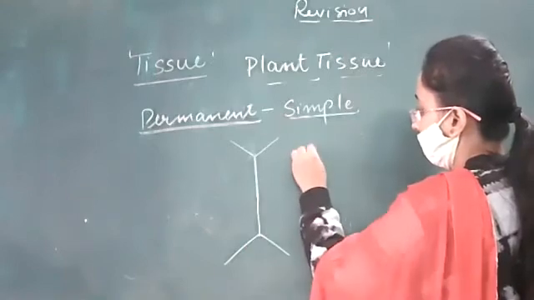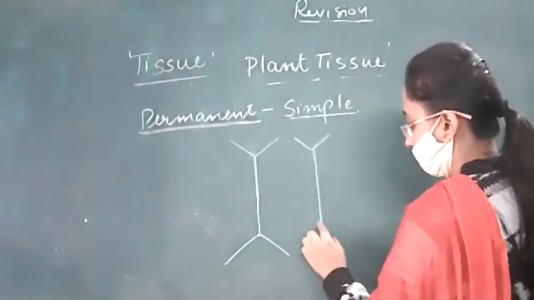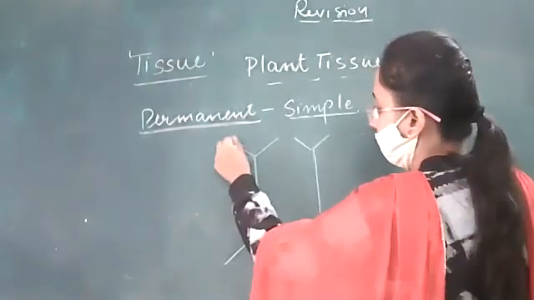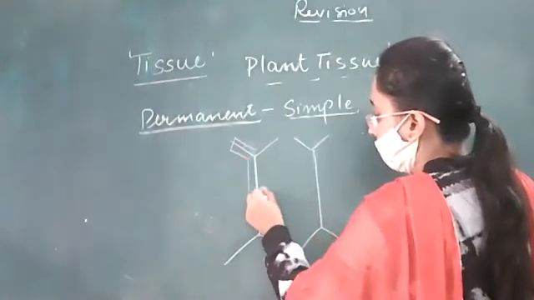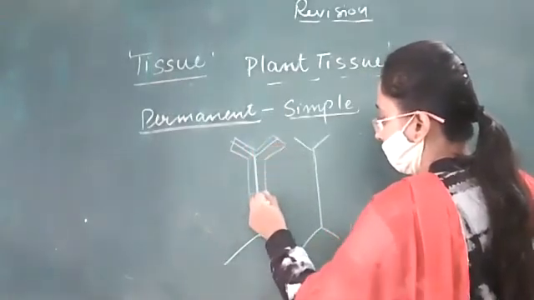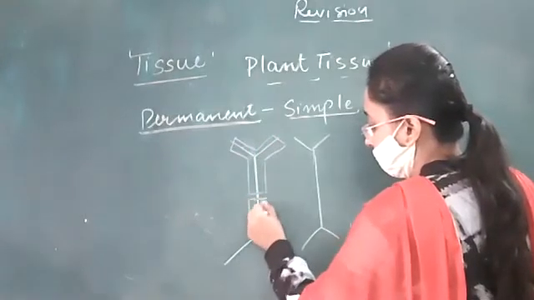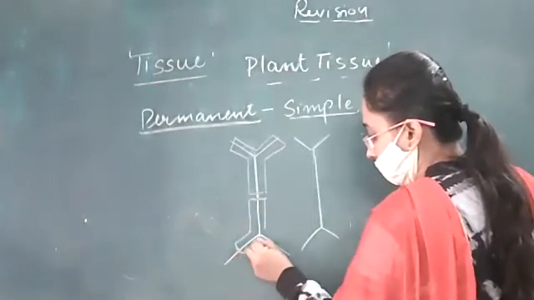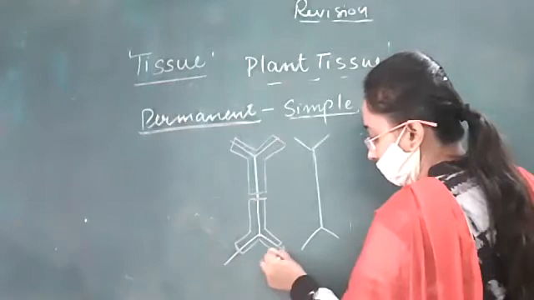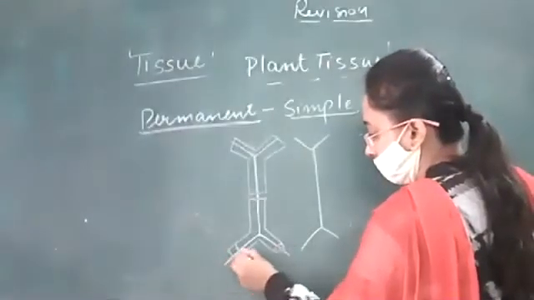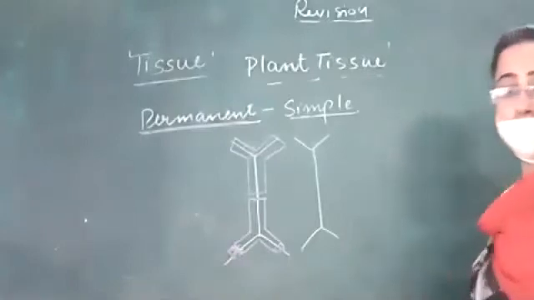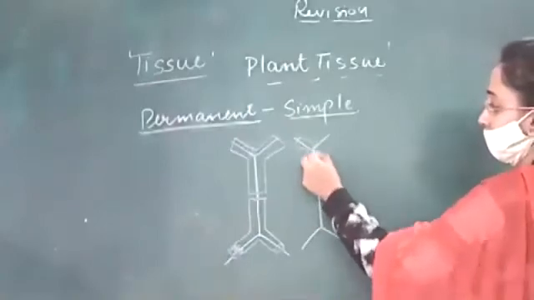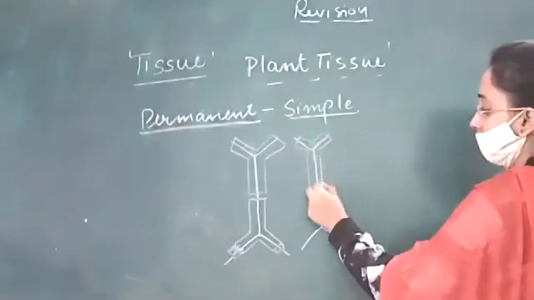Here is the cell wall, which is actually thickened because of deposition of lignin. See, this is the deposition of lignin present.